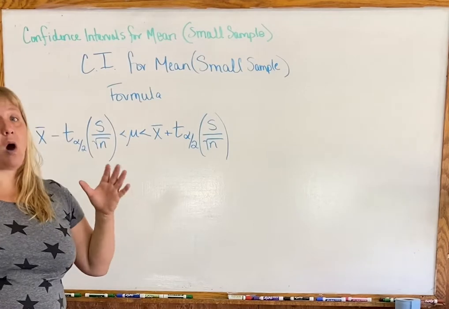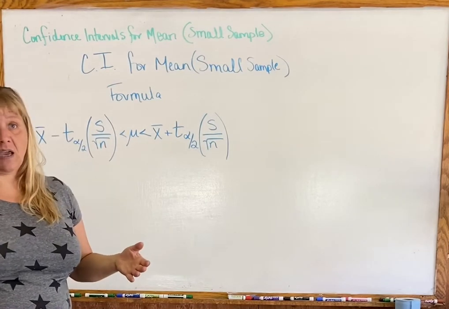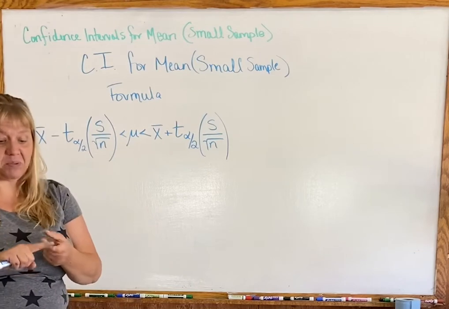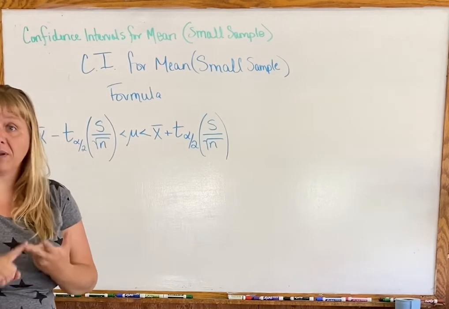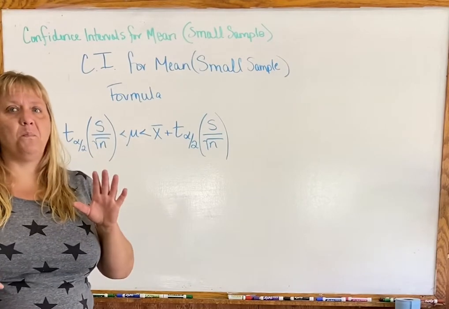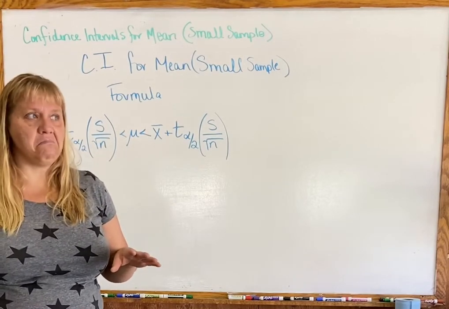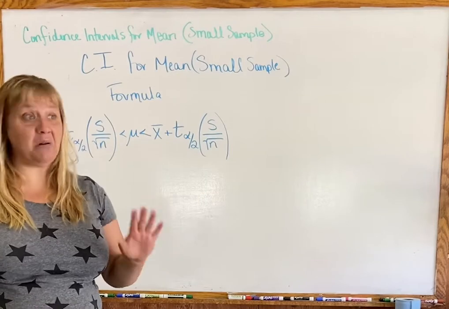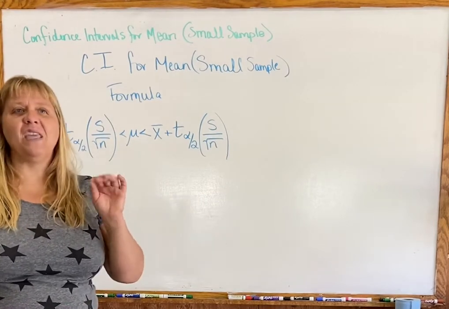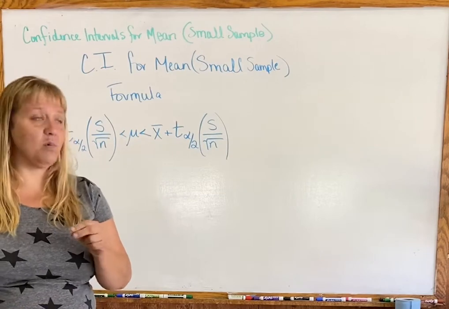Here's the deal. If we were all going to be statisticians, we would really nitpick on that and decide, do we have the sample standard deviation or the population standard deviation? What standard deviation are we working with? But for most of us, it really doesn't matter. And I know that other statistics teachers are like, what the heck are you saying? But for the everyday person, it really doesn't matter.